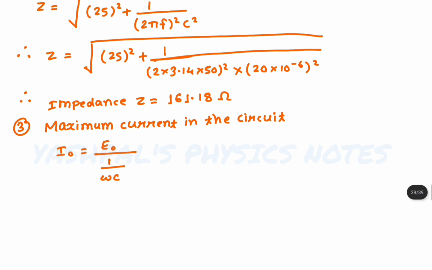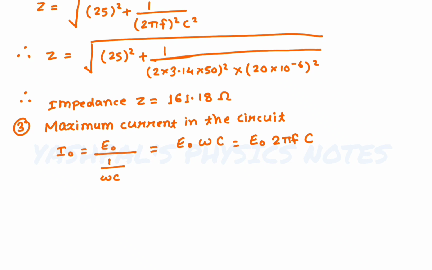So before solving, let's simplify this equation. Therefore I naught is equals to E naught, and this omega C will go to the numerator, that is omega times C, and here omega is nothing but 2 pi f. So I can write it as I naught is equals to E naught times 2 pi f and C as it is.